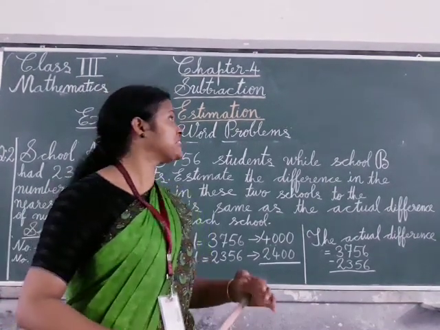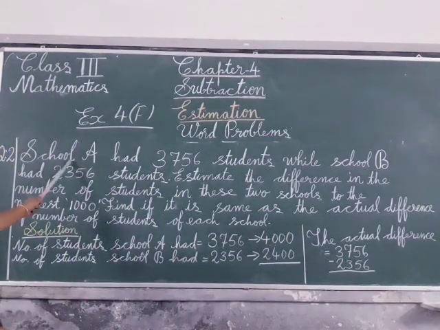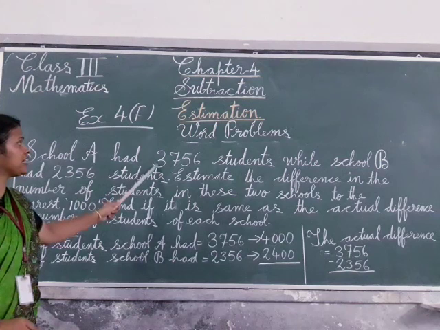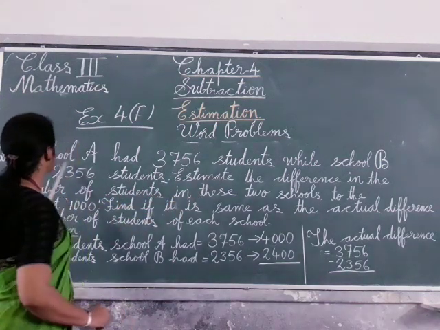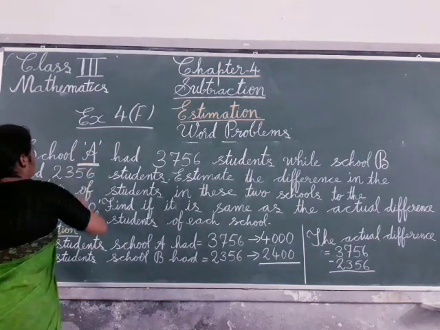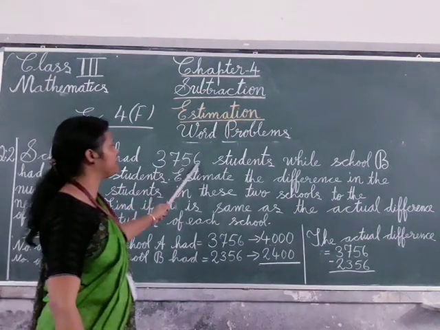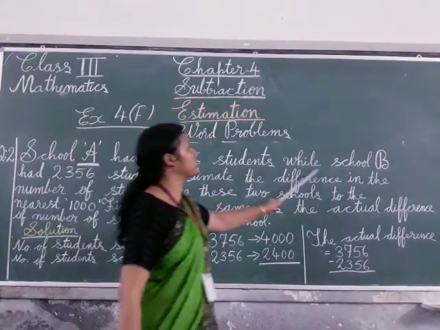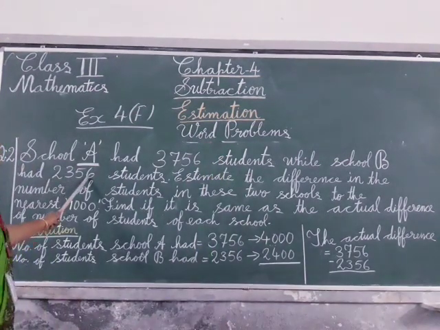Once again you see that. Here is our second question. School A had 3,756 students. Here A is given as the name of the school. School A had 3,756 students, while school B had 2,356 students.